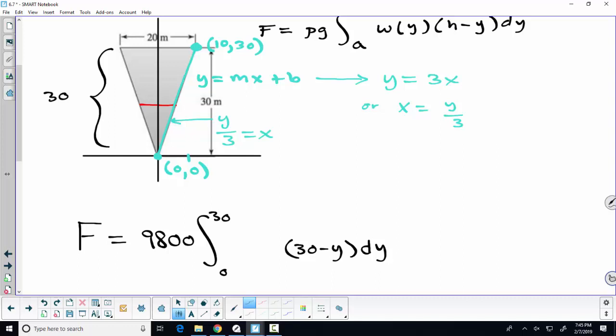And the width function is what? Okay, remember y over 3 was just this boundary. Y over 3. Yeah. So the width is twice this right here. Yeah, so it's twice y over 3.